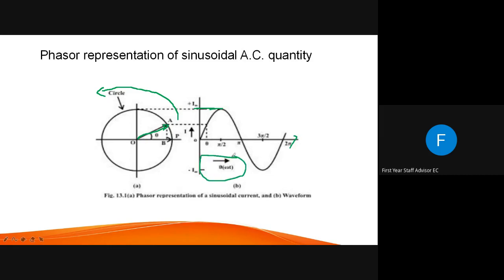Because this wave is also referenced by an angular velocity omega. So similarly, this vector, or this phasor, whose length is the magnitude of the AC waveform, the peak value of the AC waveform, will be rotating with an angular velocity omega in the anti-clockwise direction.